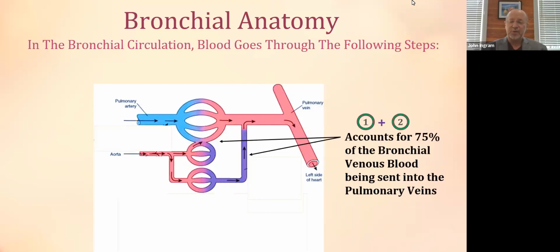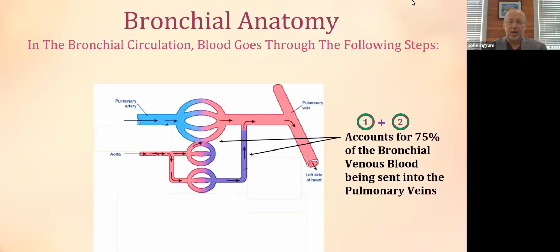These two sections together account for about 75% of the bronchial venous blood that ends up being sent back into our pulmonary veins. Why am I pointing this out? Because the purpose of the pulmonary system is to fully oxygenate the blood and return it to the left atrium.